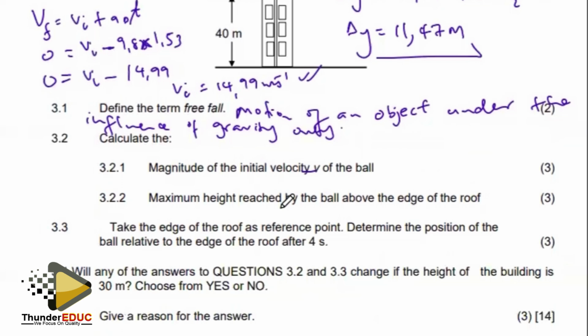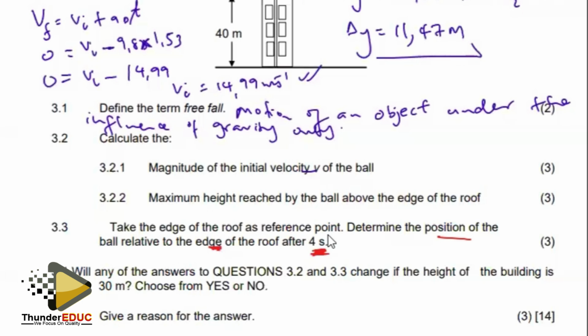Then 3.3, can we take the edge of the roof as the reference point? We need to determine the position of the ball relative to the edge of the roof after 4 seconds. So from this point of projection, if this is our zero line, that's what it means to take it as a reference point. After 4 seconds, what will be the position of the ball?